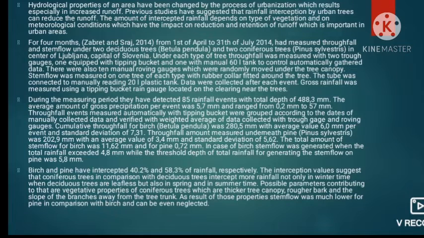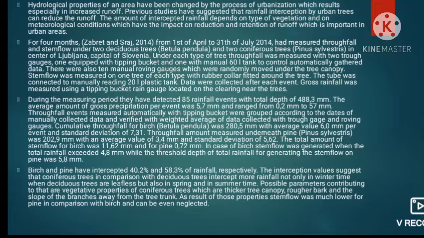Under each type of tree, throughfall was measured with two throughfall gauges, one equipped with a tipping bucket and one with a manual tank to control the automatically gathered data.